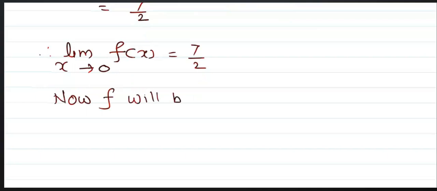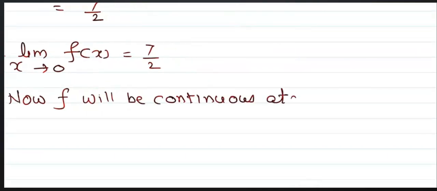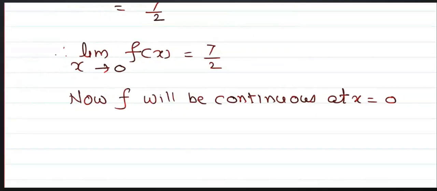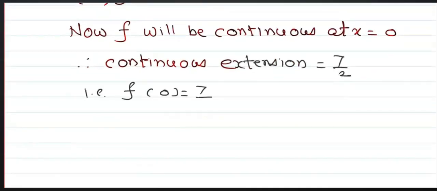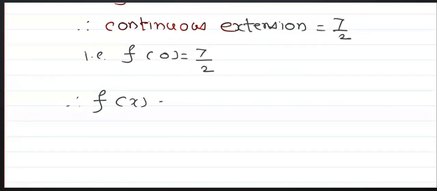Now f will be continuous at x is equals to 0. Now what will be the continuous extension? Continuous extension is 7 upon 2. That is f of 0 is equals to 7 upon 2.